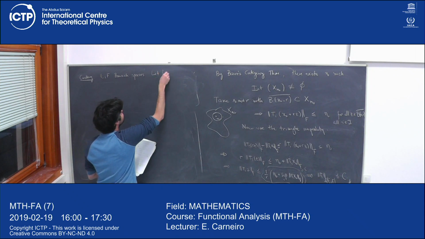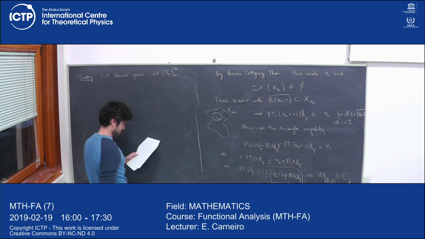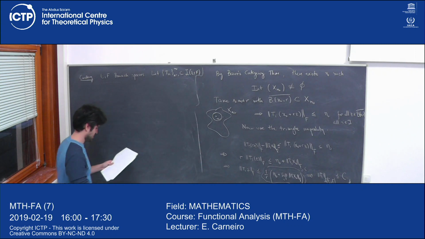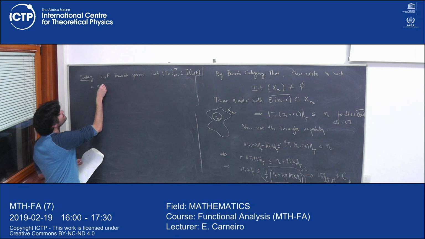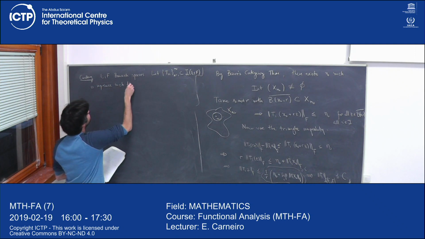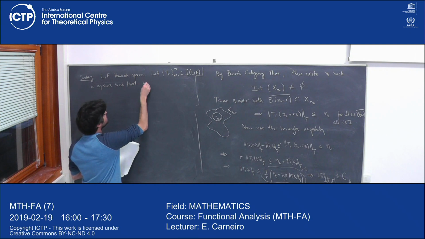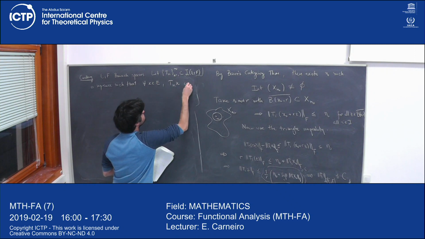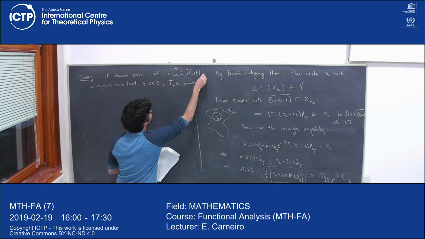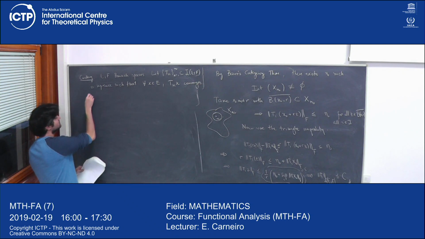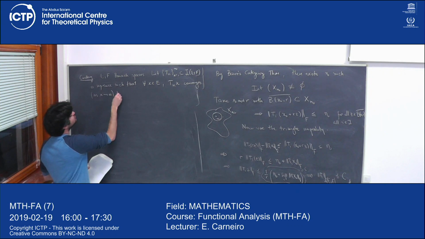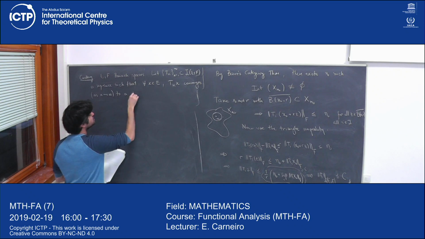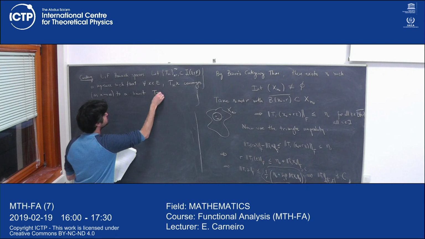Let Tn, let's say, a countable family of linear and bounded operators from E to F, a sequence, such that for any x in E, Tn of x converges as n goes to infinity to a certain limit, which we call T of x.